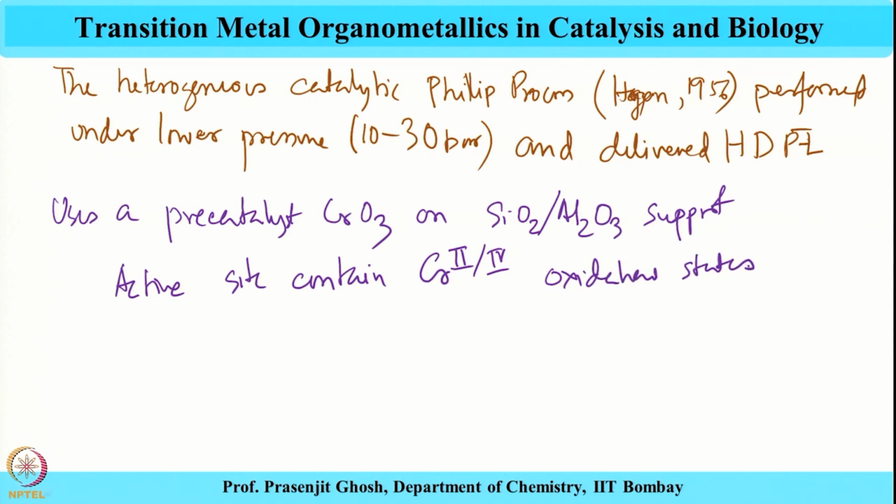So, in this process the take home message is that a flexible oxidation state change from chromium 2 to chromium 4 is observed, which could polymerize ethylene at a much lower pressure of about 10 to 30 bar, as opposed to the radical polymerization which required about 3000 bar, 2800 bar to be more precise, and that too producing polymer of low crystallinity and low density like LDPE, whereas this heterogeneous process using chromium successfully gave HDPE in 1956, and this is known as the Phillips process.